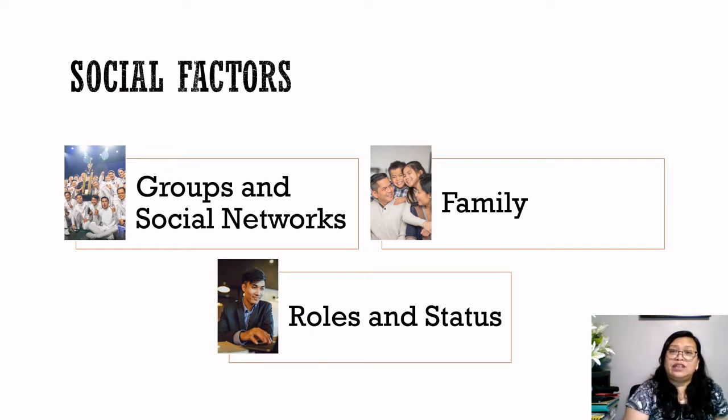Each role carries a status, reflecting the general esteem given to it by society. If you are the president, you are the secretary, you are the boss, you are the father, you are the eldest child, you know. Now, people usually choose products appropriate to their roles and status.